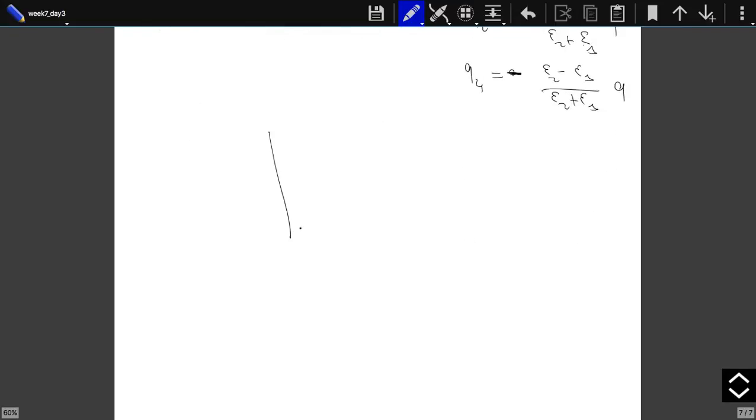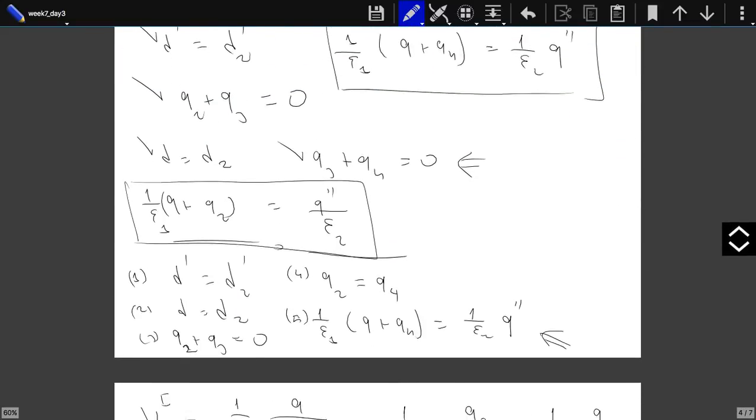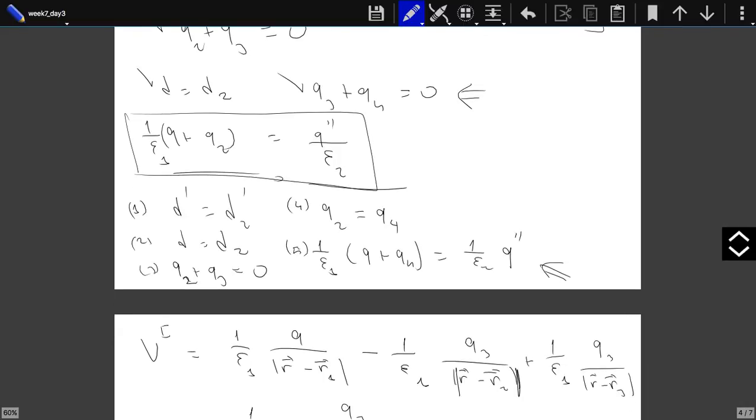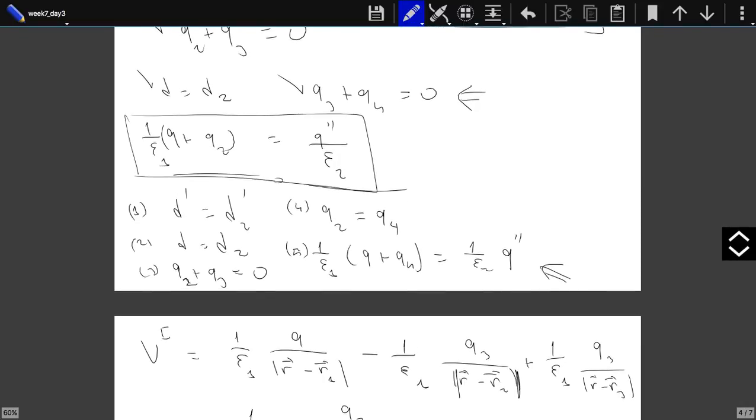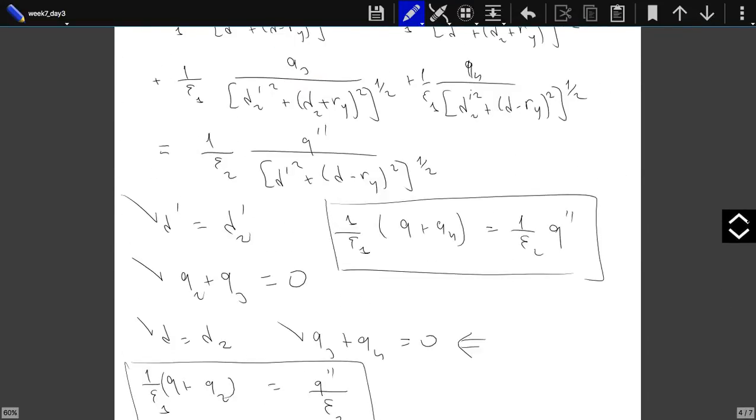So we had, this was our epsilon 1, this was epsilon 2. Oh, by the way, q double prime. Q double prime is equal to epsilon 2 over epsilon 1 times (q plus q4). Well, let's check.